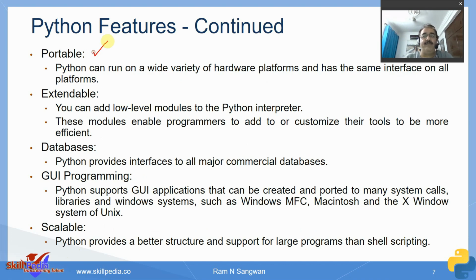It's a portable language. Python can run on a variety of hardware platforms and has the same interface on all platforms. Extendable. You can add low-level modules to the Python interpreter. These modules enable programmers to add to or customize their tools to be more efficient.